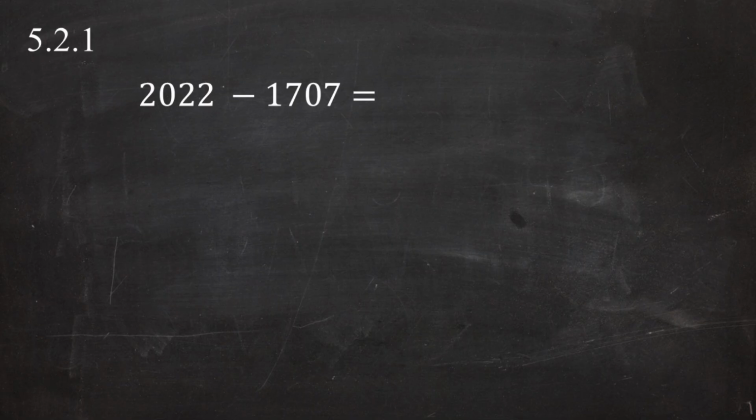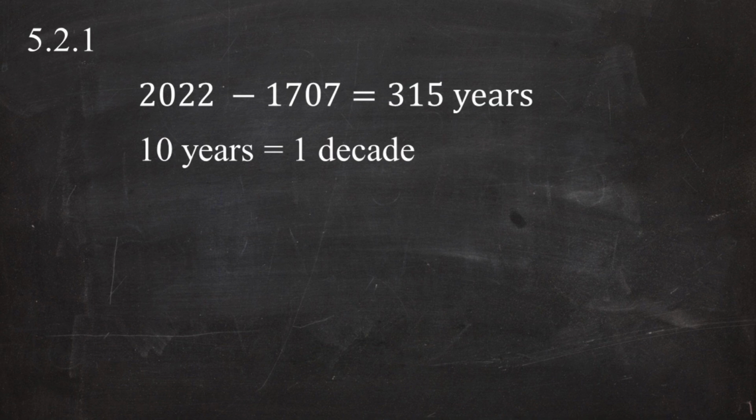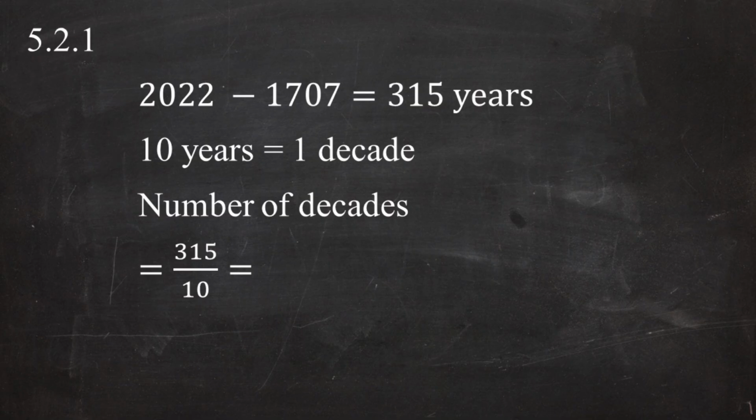If we consider the present year to be 2022, the number of years from 1707 to 2022 will be the difference between these years. This equals a total of 315 years. We should know that there are 10 years in a decade, so 315 years equals 315 divided by 10 years, and this equals 31,5 decades.